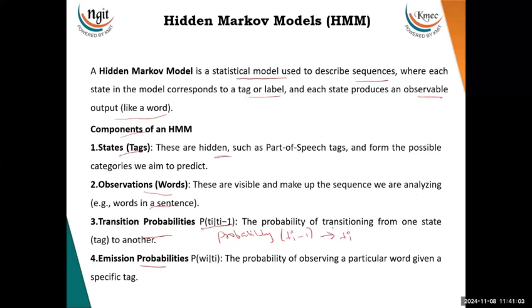Understood? So this is the probability of transitioning from one tag to the other tag. Then there is emission probability. Emission probability states the probability of observing a particular word given a specific tag, which means the probability of word w i given tag t i.